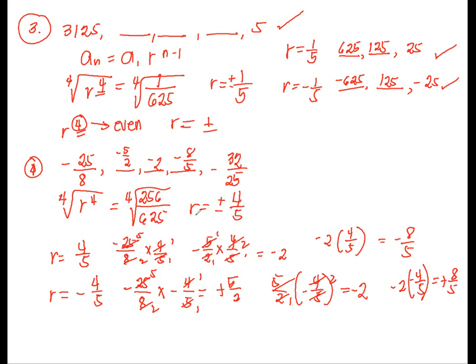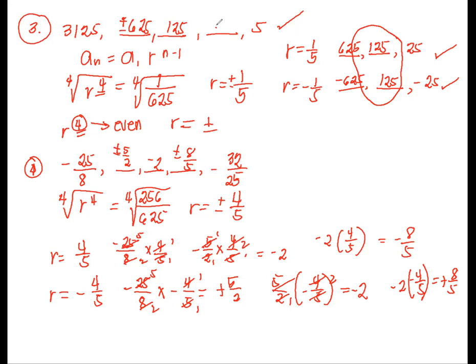Pansin nyo, the answers are the same. But ano lang ang nagbago? Ang sign. Nagbago lang yung sign nito, nasa second term and the third term. So ganun din dito. Same yung sign ng middle, which is positive. Pero yung the second term is 625. It can be positive, it can be negative.